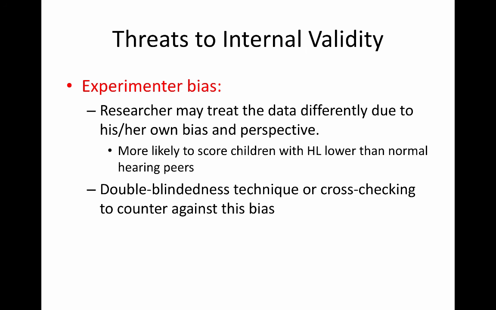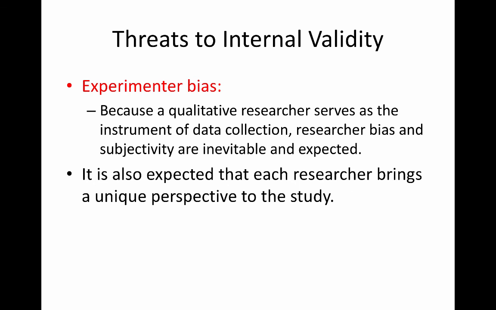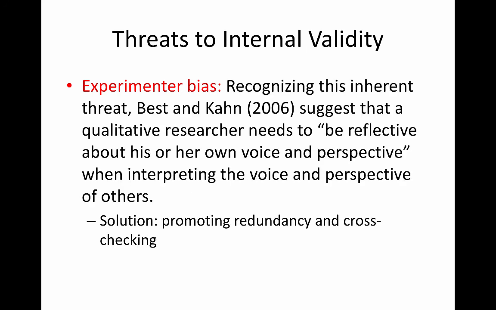Double blindness technique or cross-checking against bias can help fix this problem. So bringing in other researchers and blinding the data and having other researchers or clinicians rate the data can help get rid of the experimental bias. So again, it's like awareness. Good to have redundancy and cross-checking.